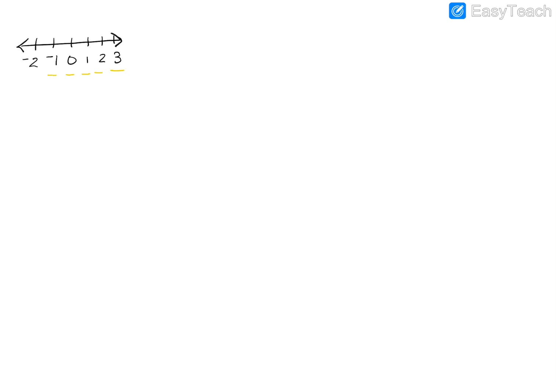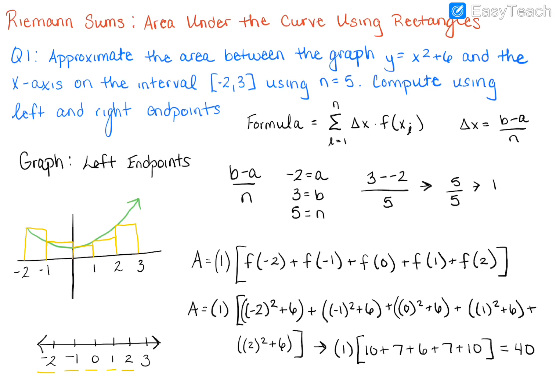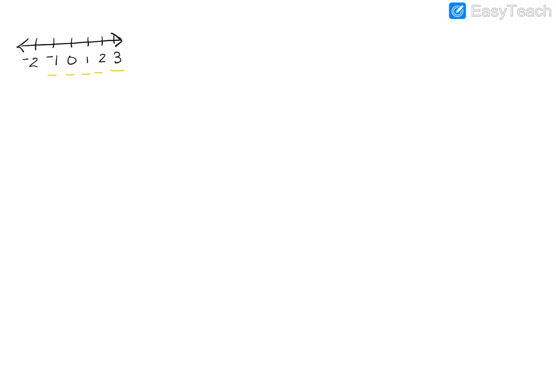We've actually computed the values for -1, 0, 1, and 2, so we can go back to the other page, and those were equal to 7, 6, 7, and 10. So we have area is equal to 1 times 7, 6, 7, and 10 plus f of 3.